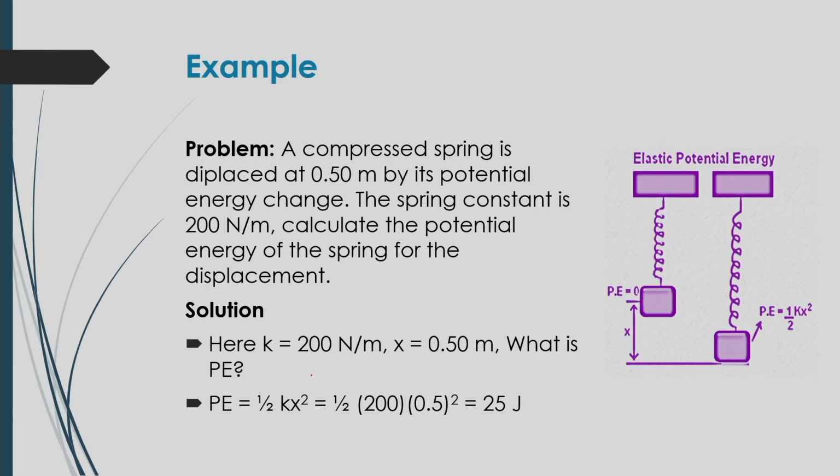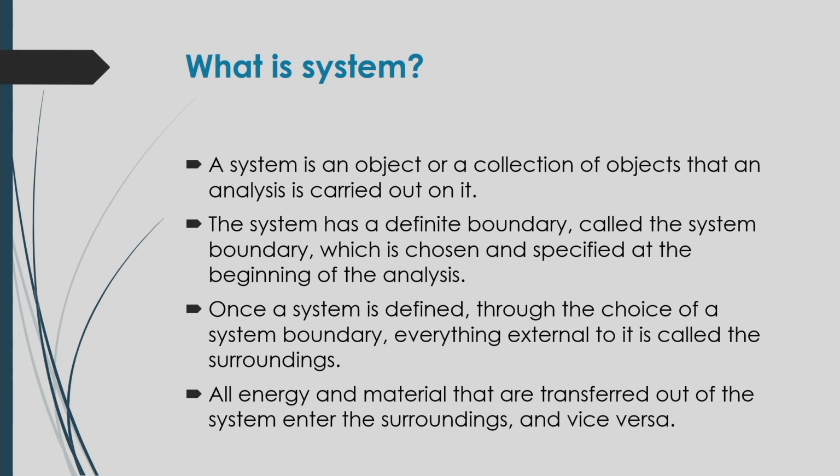Here k is 200 Newton per meter and x is 0.5 meter, so the potential energy is half of k into x square, that is half into 200 into 0.5 square, which comes to 25 joule.